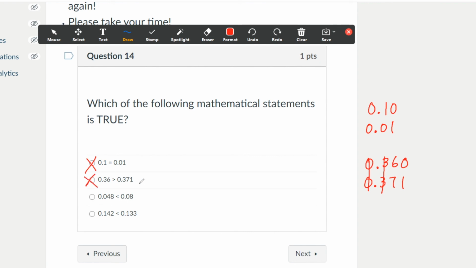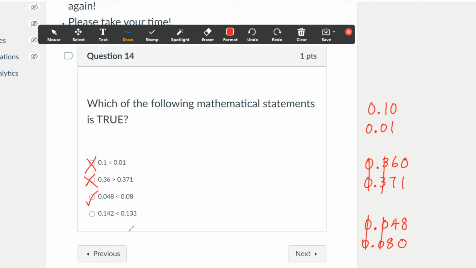371 thousandths is larger. Let's check 0 and 48 thousandths compared to 0 and 8 hundredths. And we're going to fill in that 0 right there. Zeros, zeros. The 8 is bigger. So we know this one is correct. 48 thousandths is less than 8 hundredths.